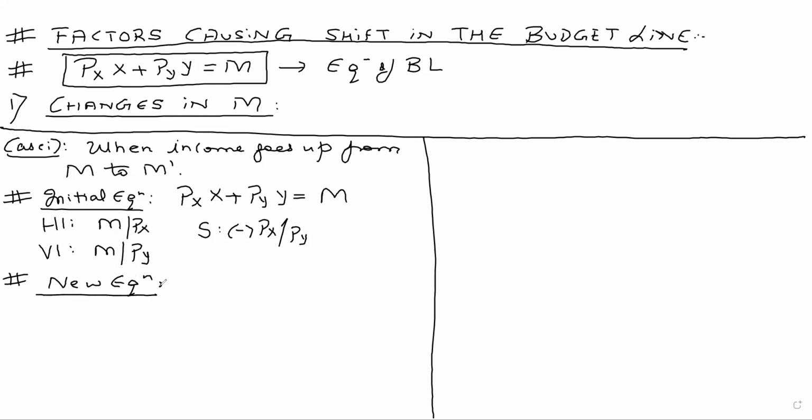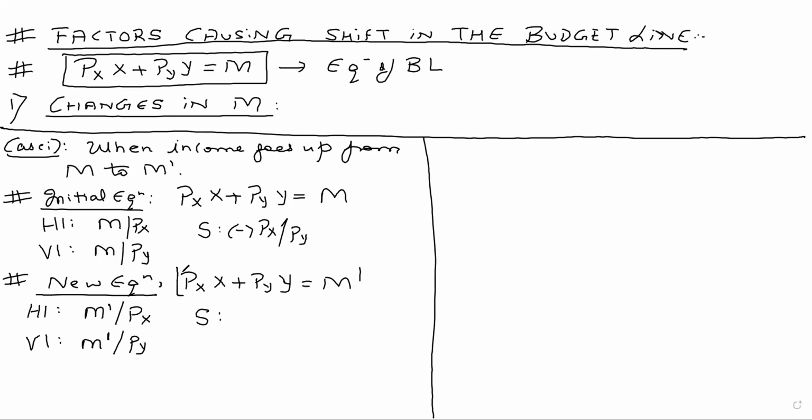When income goes up from M to M dash, my new equation will be Px times X plus Py times Y equal to M dash, right? Horizontal intercept will be M dash by Px. Vertical intercept M dash by Py. Slope, guys, if you calculate the slope of the new equation, you will see it comes out the same, minus Px by Py.